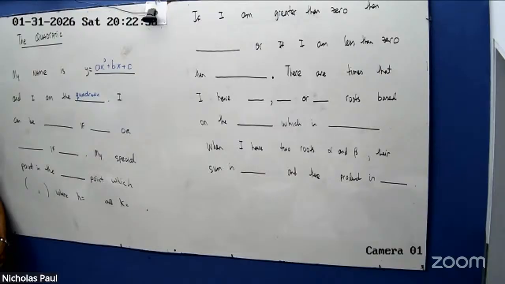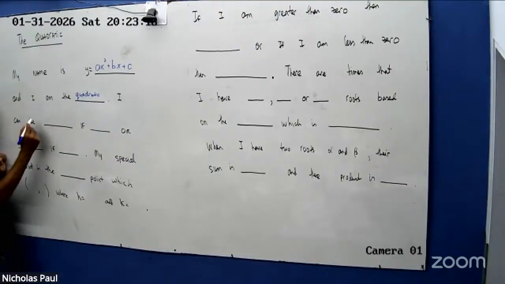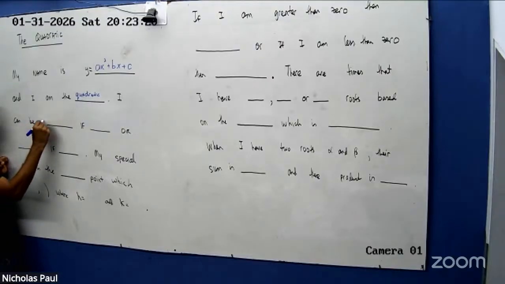Quadratic has two main forms. What are the two forms of the quadratic? Which one first? Maximum, minimum.